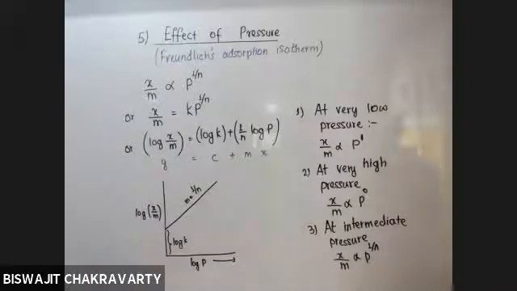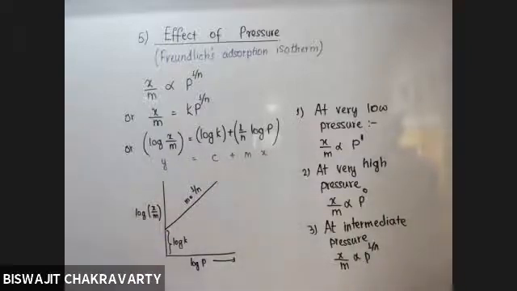So the same graph, which was not a straight line and was showing change from time to time, now becomes a straight line. And now it is easier for us to understand the values of 1 by n if I plot log of x by m versus log of p, giving us an intercept of log k.